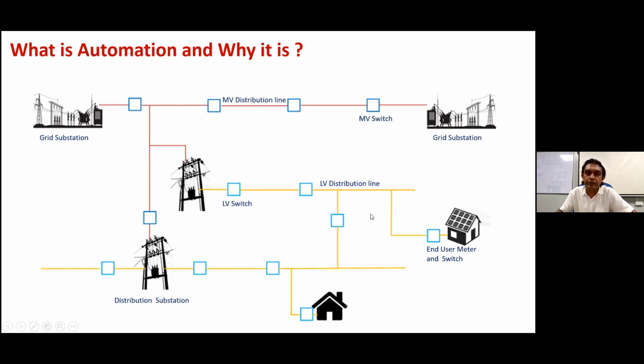But if you have an automated system, then once a fault occurs, we can identify it. Then if we can operate this switch remotely, within less than 1 minute we can open this switch and close this switch and restore the power to this section as well as these sections. Then we can isolate only the faulty sections. Then you can think about how much time can be reduced for fault restoration.